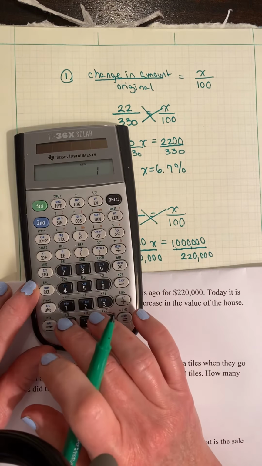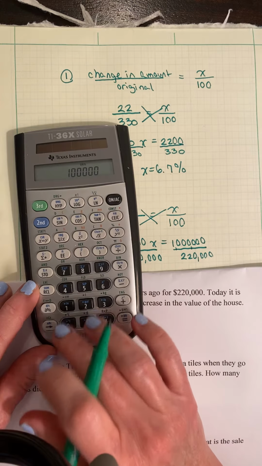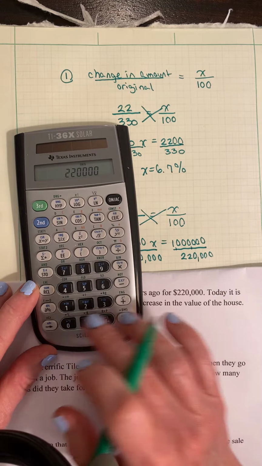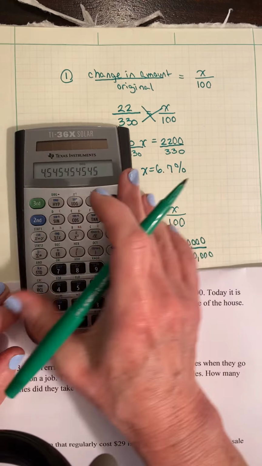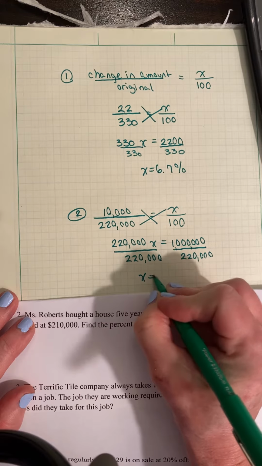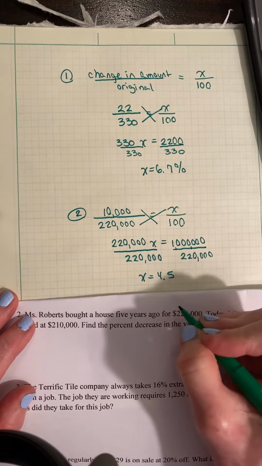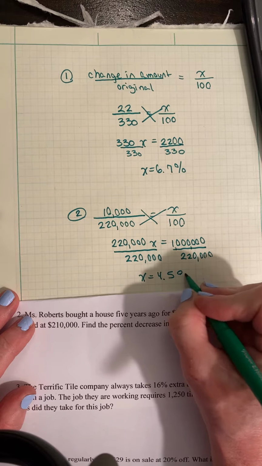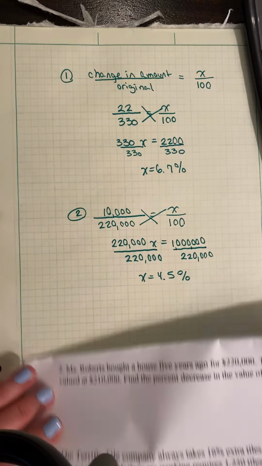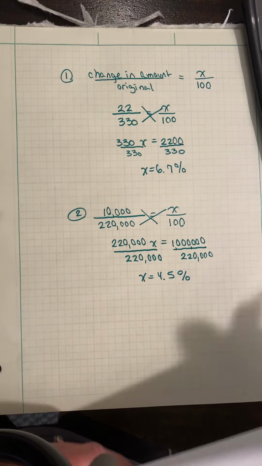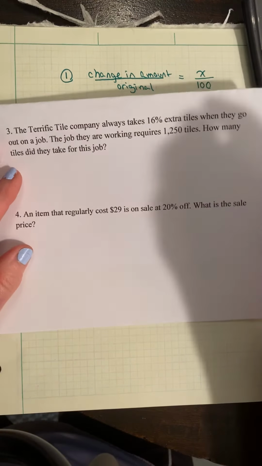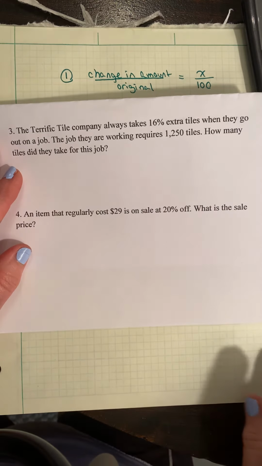So we have 1 million divided by 220,000. Okay, so 4.5% decrease in value. Remember, the answer is not 4.5, it's 4.5%. Now, the last two, we're looking for an amount, okay?